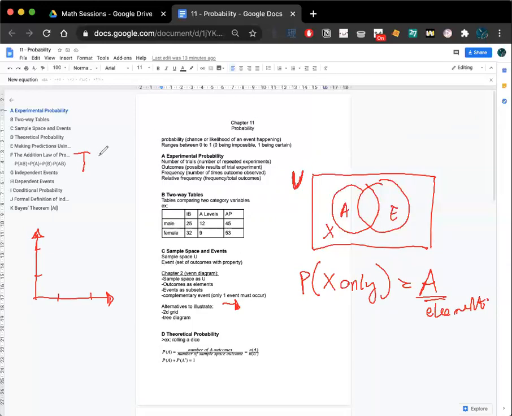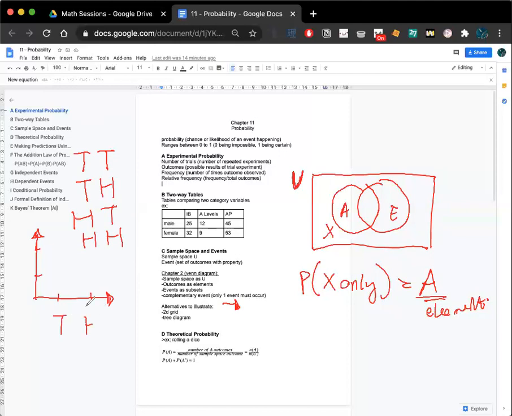And if you flip a coin twice, then all the possible outcomes of getting heads or tails would be as follows: tails tails, tails heads, heads tails, and heads heads.